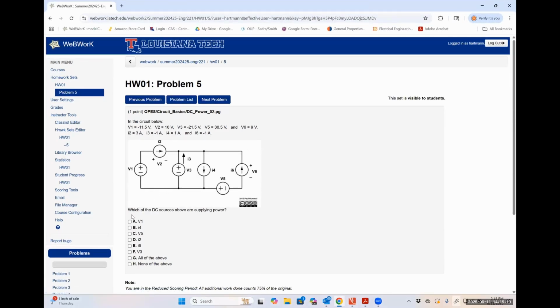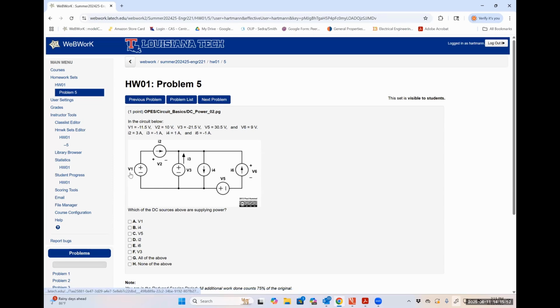So it asks which of the DC sources above are supplying power. What it means is which of the DC sources above are supplying positive power, okay? So for example, if we look at this voltage source here, V1, the current I2 is flowing into the negative polarity terminal because we see that it flows out the positive polarity terminal.